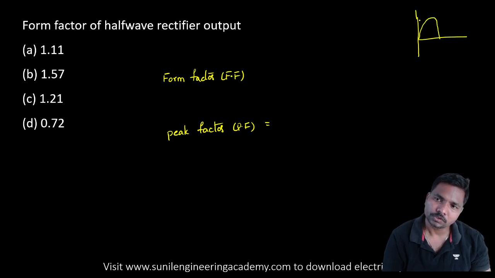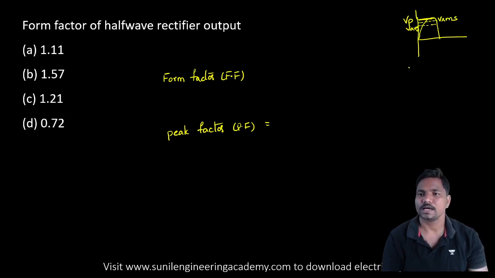This is the maximum value or peak value. After that, 0.63 is the average value, and 0.707 is the RMS value.